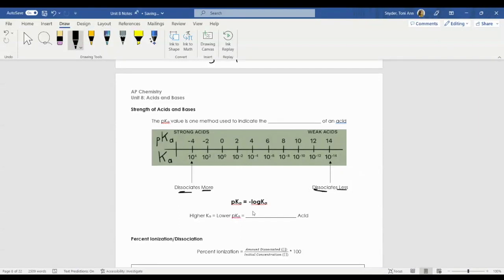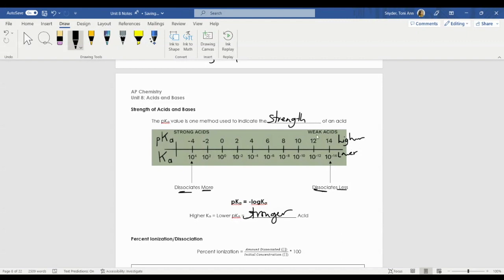So actually down here, we can write stronger down here. So the pKa value is one method that's used to indicate the strength of an acid. So we could see here, the lower Ka means the higher the pKa.